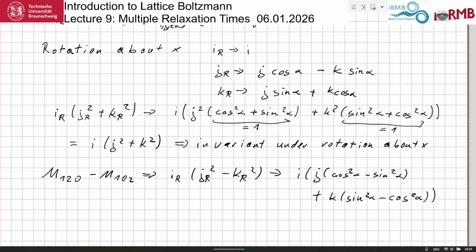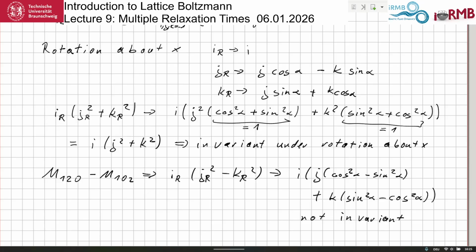So these things will not disappear, so they are not invariant. These two things behave in a different way, so they are physically different things. They can be separated and they can potentially relax with different rates.